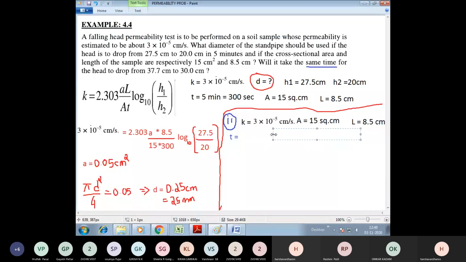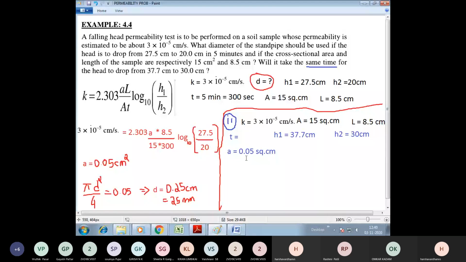H1 is given. H1 is 37.7 centimeter and H2 is 30 centimeter. And the area of the standpipe we already have here. A is equal to 0.05 square centimeter.